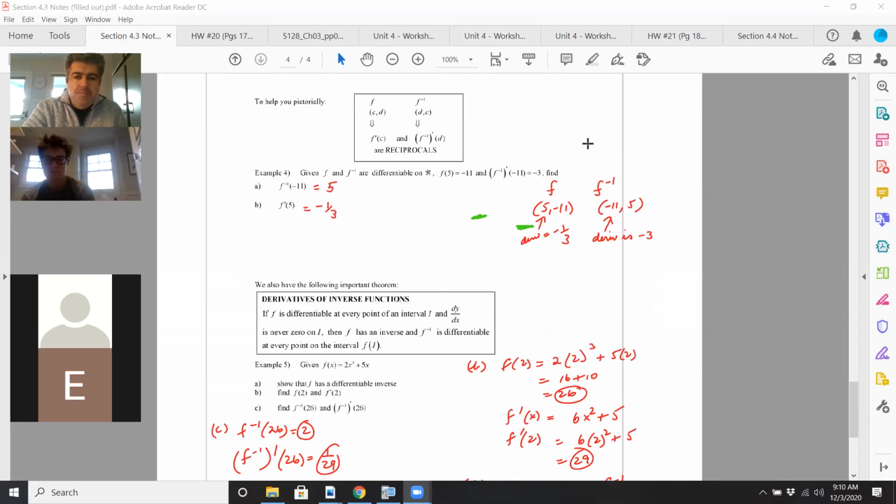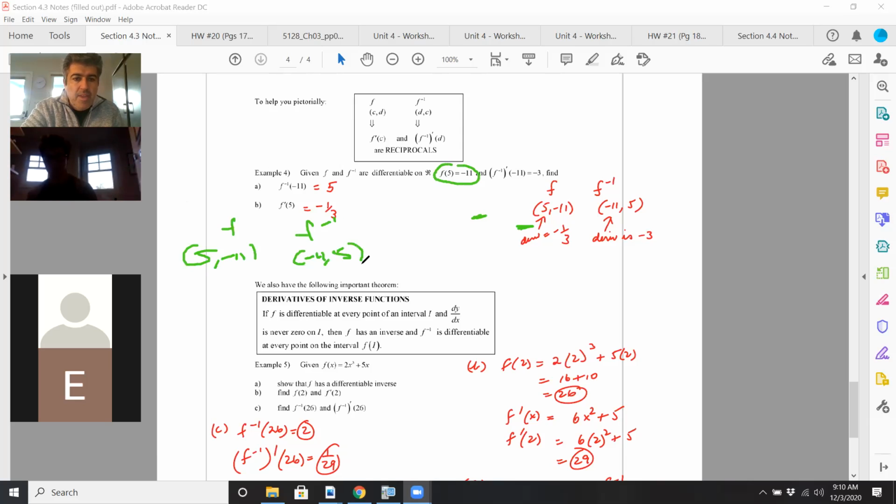But in example 4, f and f inverse. You're told that f of 5 equals -11, so (5, -11) is a point on the original. So what's going to be a point on the inverse? Them switched, (-11, 5). We know this. That's how inverses work.